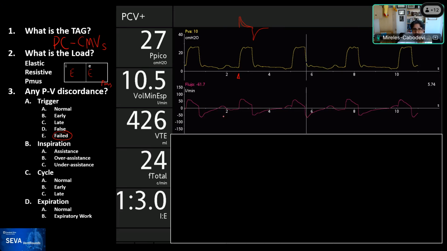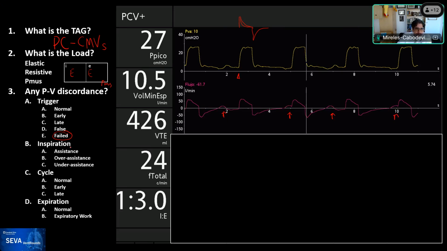So my eyes can see one here, one here, one here, and one here. This makes me suspect that those are cardiac failed triggers for this patient. Those are the ones I can detect on immediate eyesight.